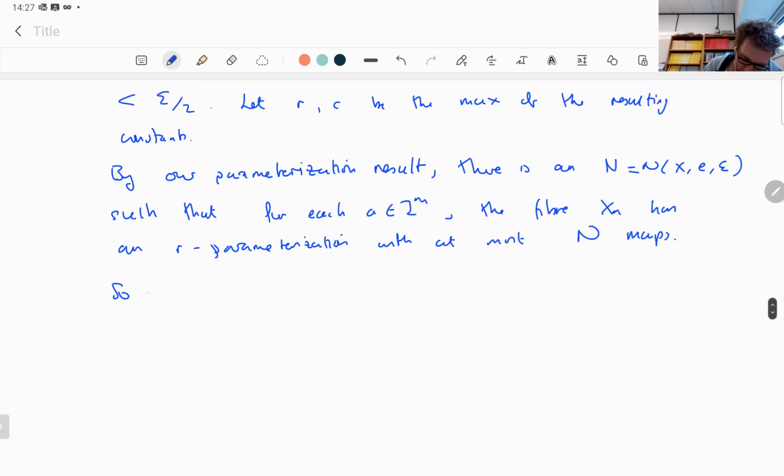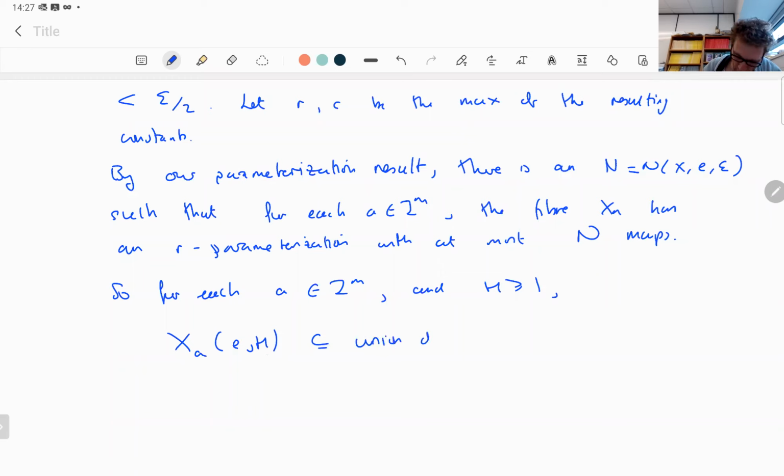So for each a and H, the points of degree at most e and height at most H on the fiber are contained in the union of at most n times c times H to the epsilon over 2 hypersurfaces of degree at most d.